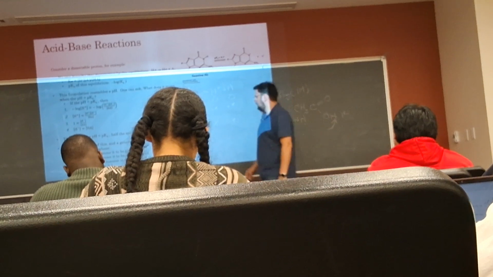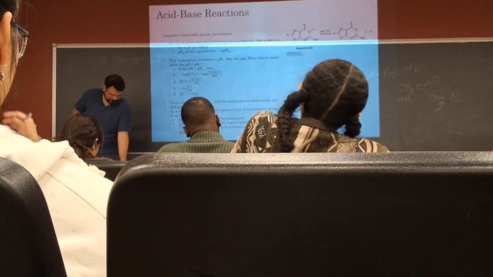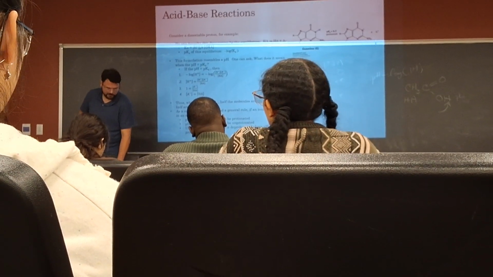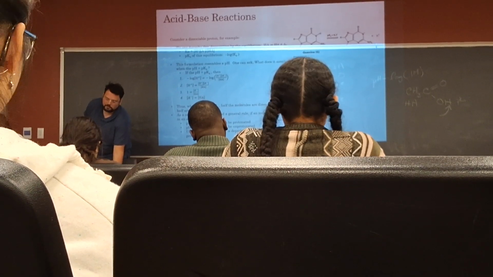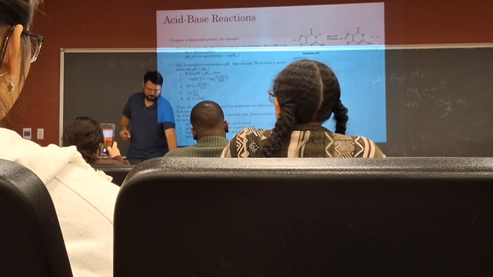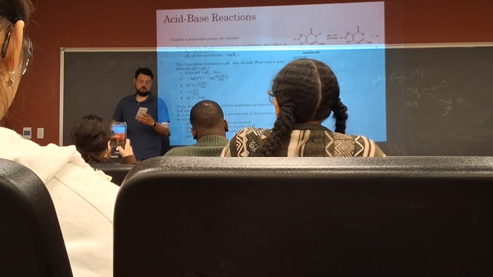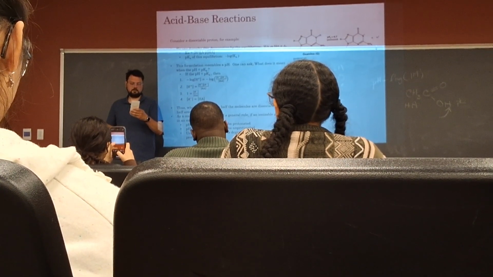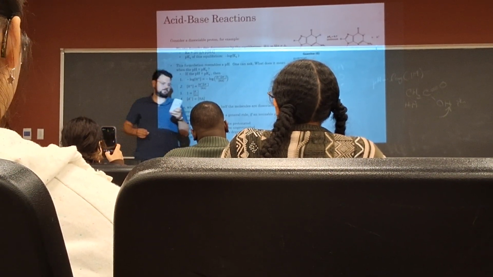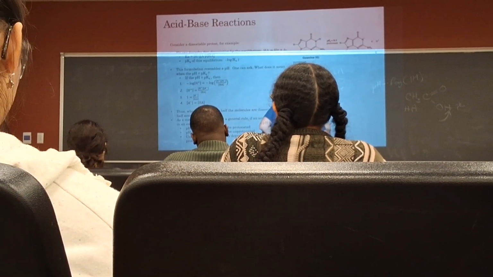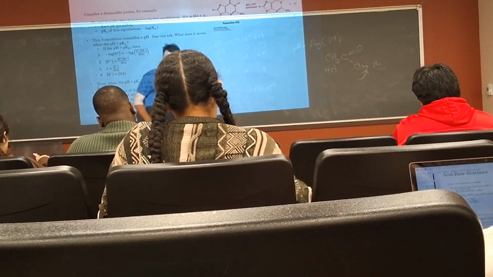In the case of, for example, acetic acid, it is 1.778 times 10 to the minus 5, if I remember right. Yes. Right? So there we go.